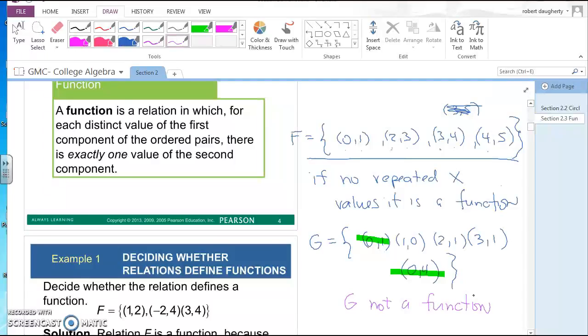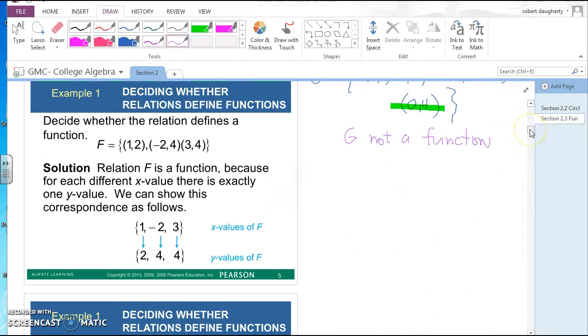Okay, so let's look at an example they give us. Determine whether this relation is a function or not. Your key to looking at this is just looking at the x values. For example, right here, my x values are 1, -2, and 3. They are not repeated.